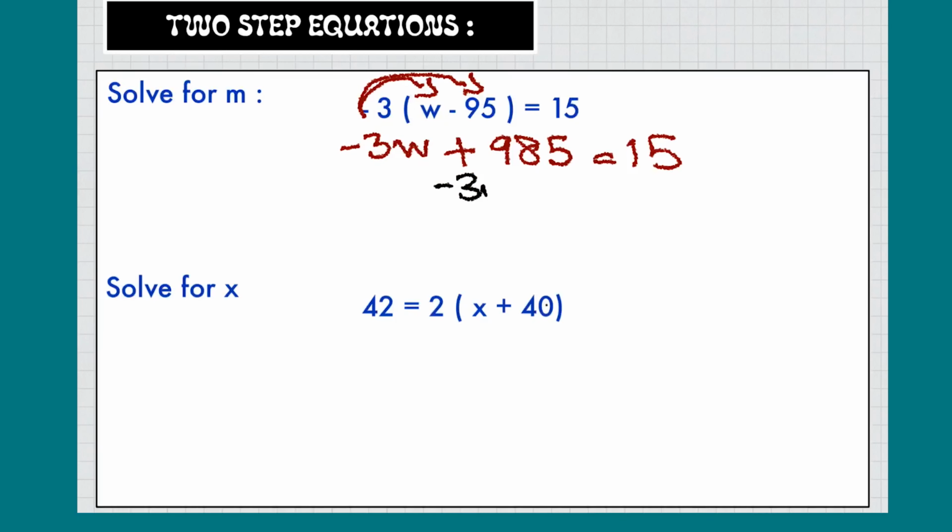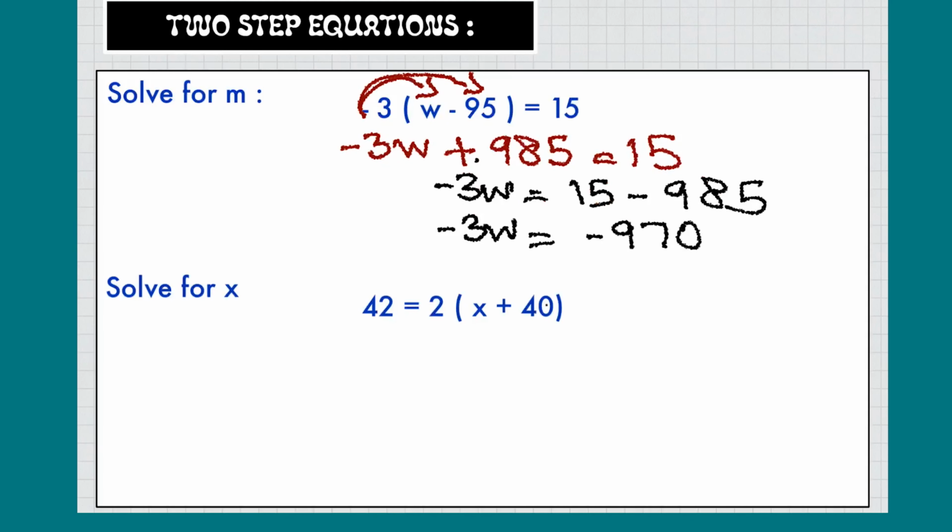Minus 3w equals 15. This is plus 985, it will become minus 985. The answer we would get is minus 970. Now we need just w.